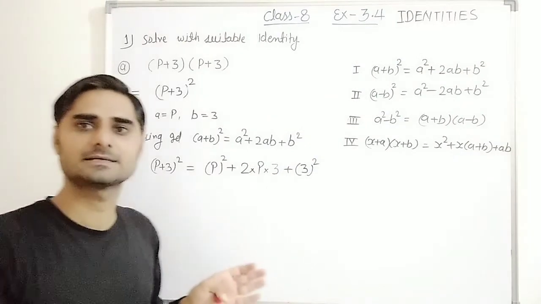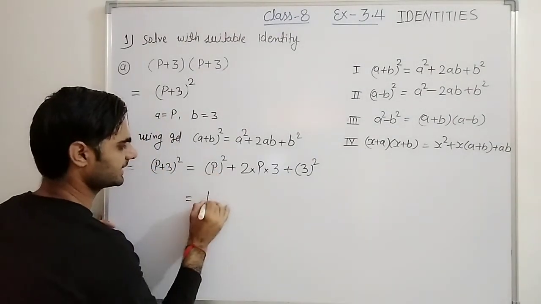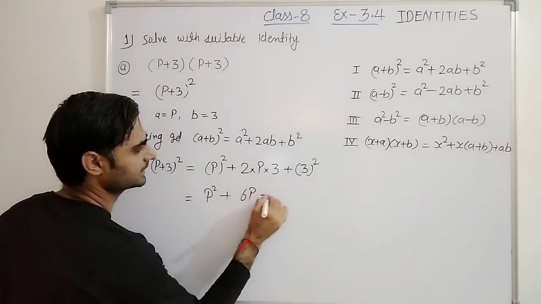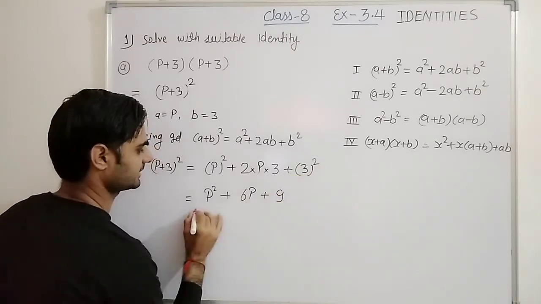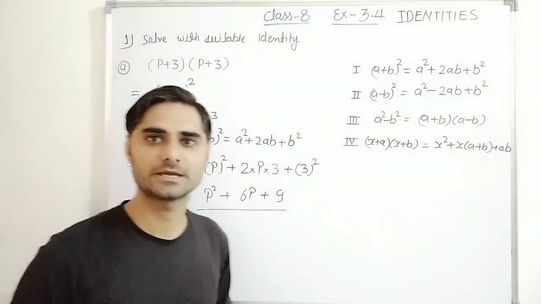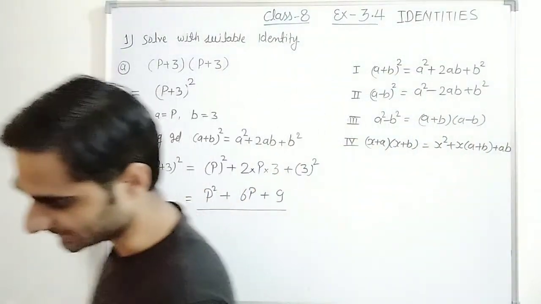Whatever is given, put the values as they are. This will be equal to p square as it is plus 2 times 3 is 6p plus 3 square means 3 times 3 is 9. So 9. This is your solution. Correct? Like this we can use identity. This is the method of use of identity.